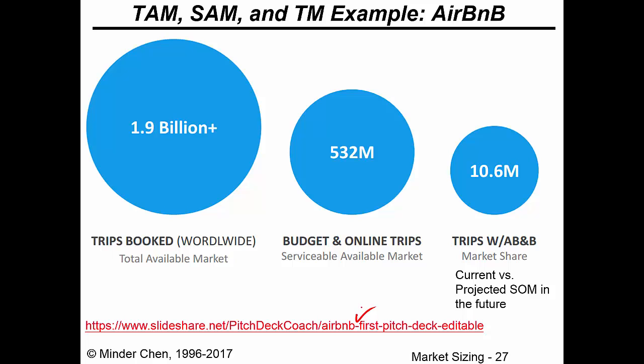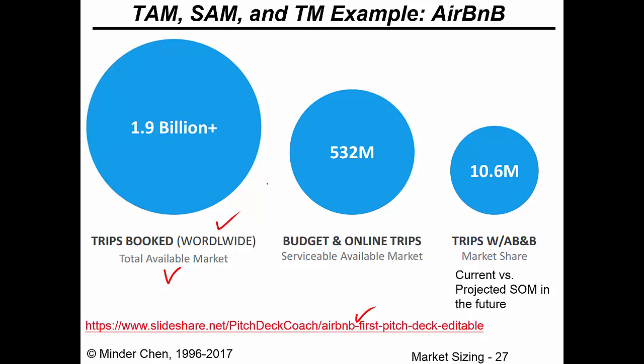And Airbnb is the platform for you to do so. So they're looking at the total worldwide hotel and other accommodation where people travel and need to stay as the TAM. So trips booked worldwide is about $2 billion plus.